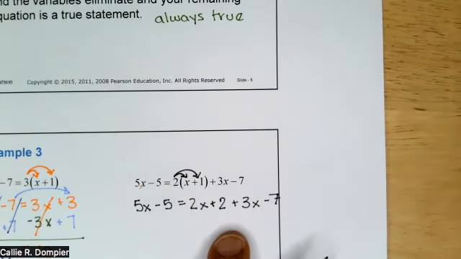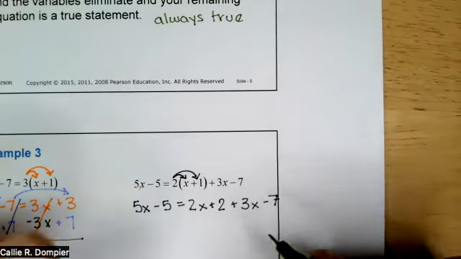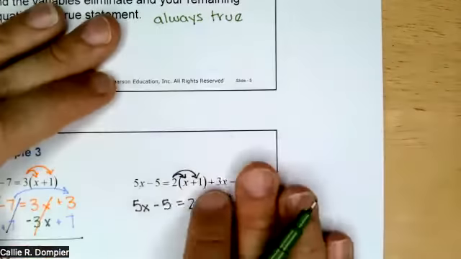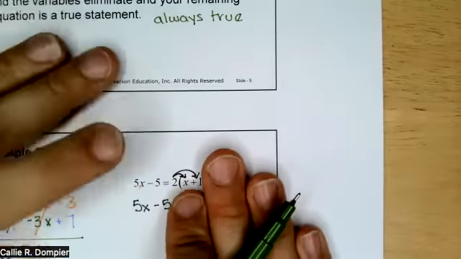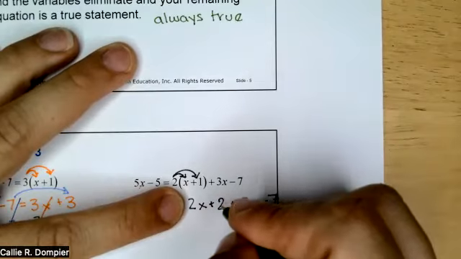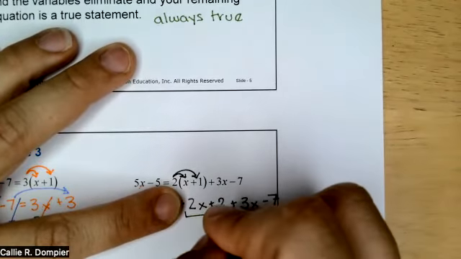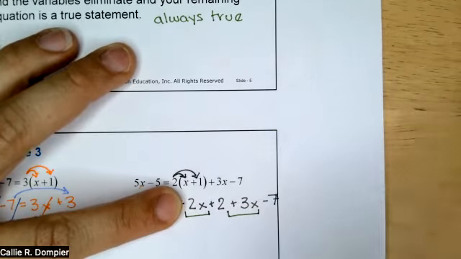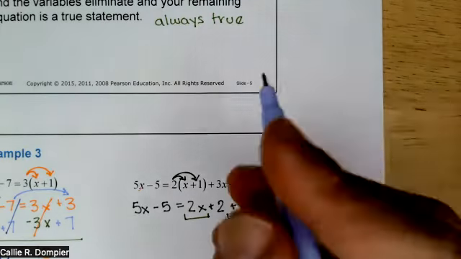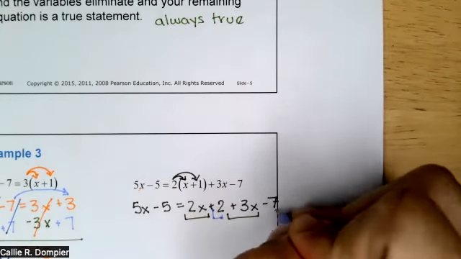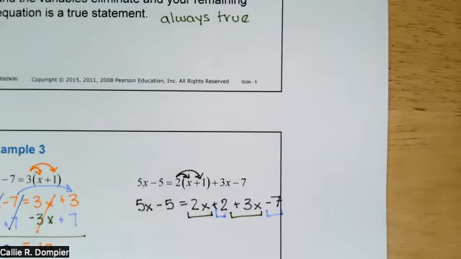So now what I would do is combine like terms only according to sides. There are no like terms in 5x minus 5. In 2x plus 2 plus 3x, 2x and 3x will be combined. And then the positive 2 and the negative 7 will combine.